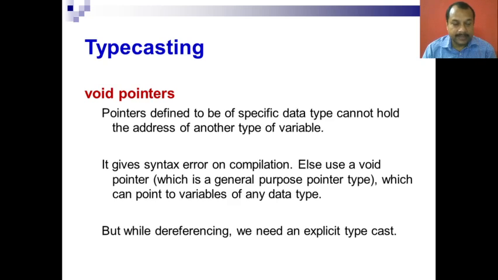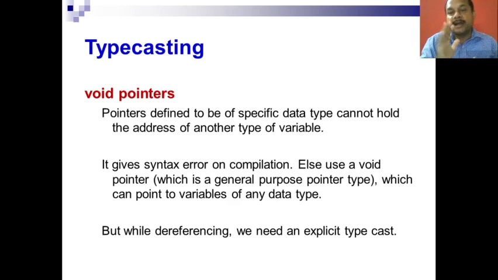Okay, that is what I said, that you cannot declare int star p and then store the address of a floating point variable in p. But what you can do, you can declare void star p, then you store the address of the floating point. Because as long as it is void and you are not casting the type, the compiler knows, okay, the type will be cast later.